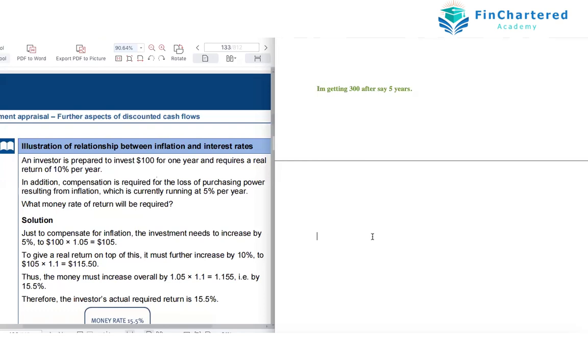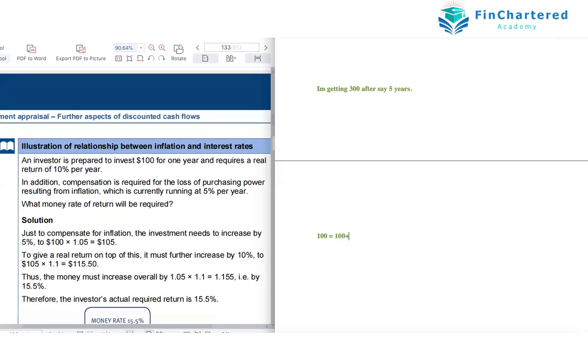See again, in simple terms, forget the real return that you want. Just inflation, just to cover inflation. Inflation is 5%. So 5% of 100 is 5, guys.